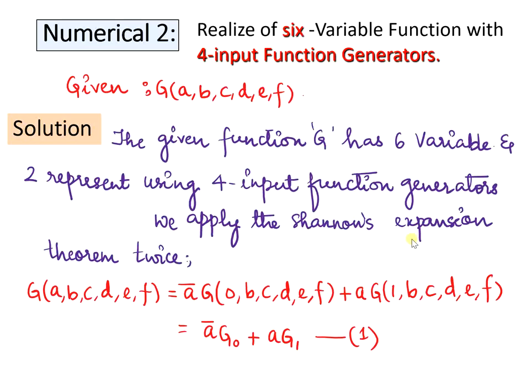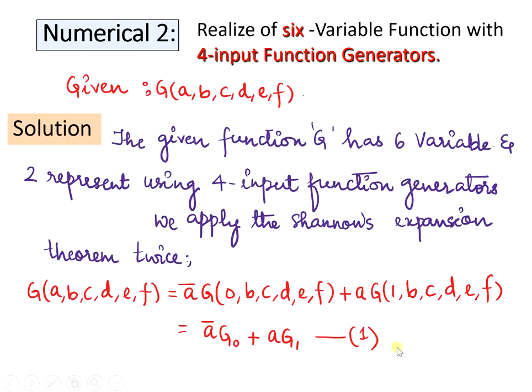That means we are going to expand around variable A and then variable B. The given function is G of A, B, C, D, E, F, and I am going to represent it first in terms of A, with A equal to 0 and A equal to 1, and this becomes A bar G0 plus A G1.